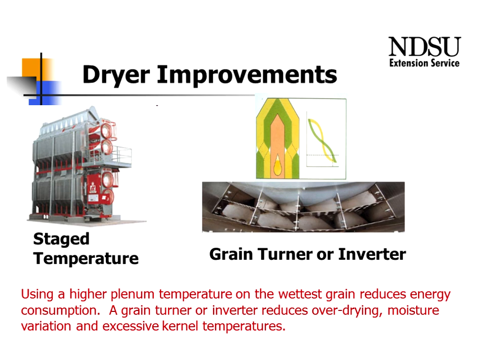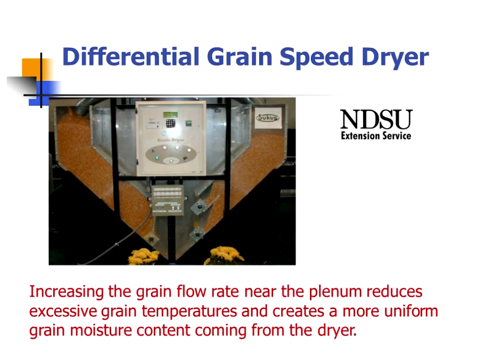So we no longer have all of that corn staying on the inside or the exterior. It gives us much more uniform moisture contents. The corn isn't exposed to the high temperatures for the extended period of time, and this has been a huge improvement in the grain quality as well as energy efficiency. So either a grain turner or grain inverter is something that I really encourage people to look for.